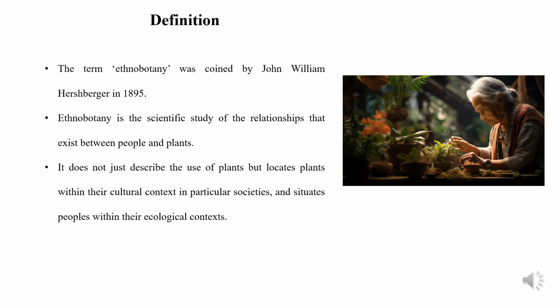He defined it as the study of plants used by primitive and aboriginal people, also known as indigenous people. The term comes from the Greek, where ethno defines the study of people, and botany stands for the study of plants. So it is the study of how people in a specific culture or region use plants.